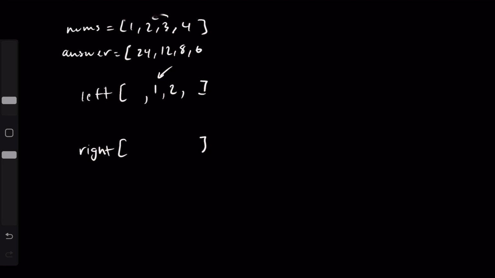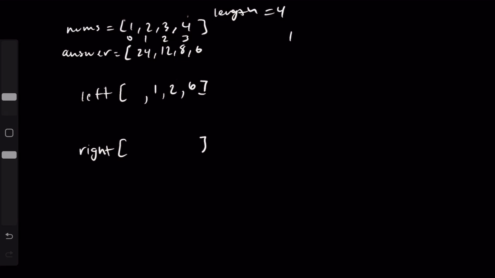And then lastly, we stop at 4. What's to the left of 4? It's 3. So 3 times 2, the previous value here, is 6. Essentially, we were just looping through nums, starting at i equal to 1 and ending at the length, which is 4 in this case, and we stop at the length.